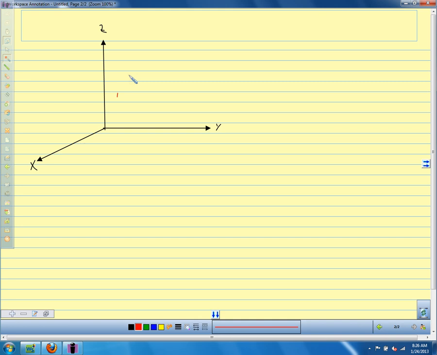This is our curve represented by r of t. And we're going to go along this curve from t equals a to some arbitrary time t. So from here to here is our arc length.